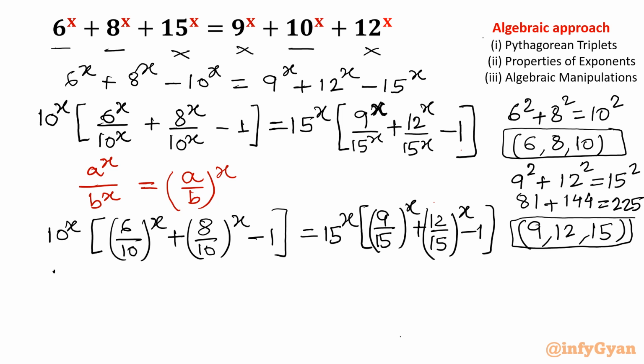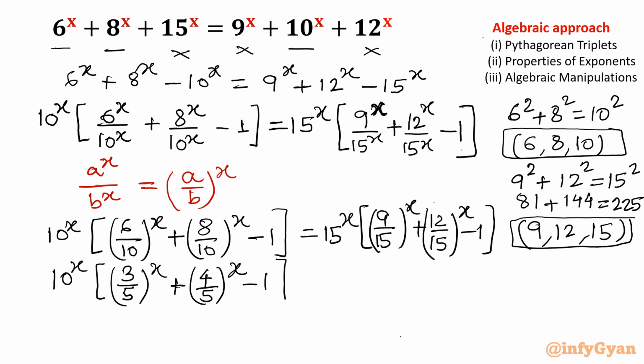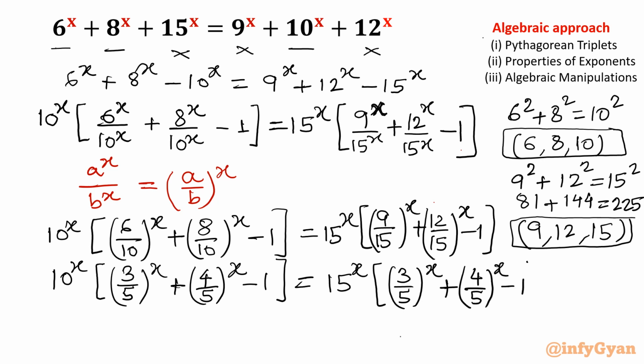Now cancel whatever you can. So it will be (3 over 5)^x plus (4 over 5)^x minus 1 equal to 15^x times (3 over 5)^x plus (4 over 5)^x minus 1.